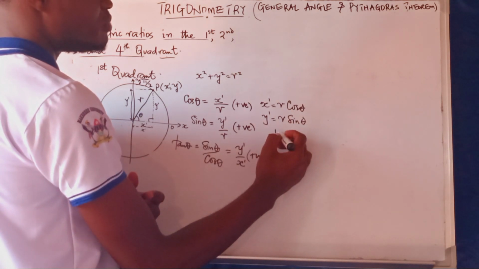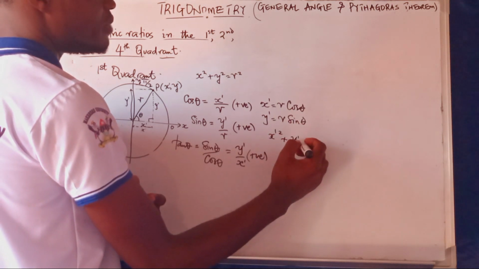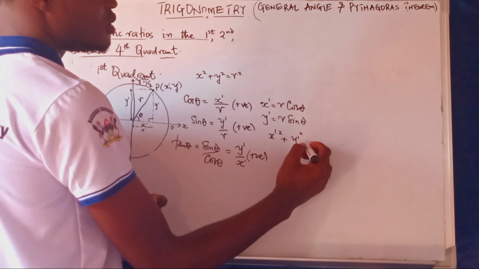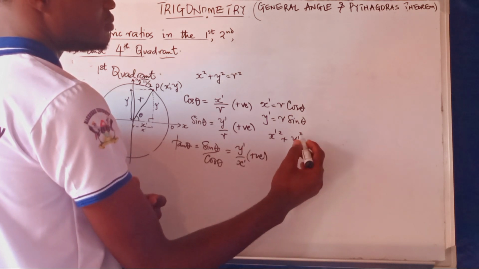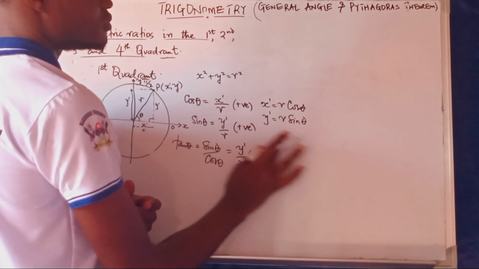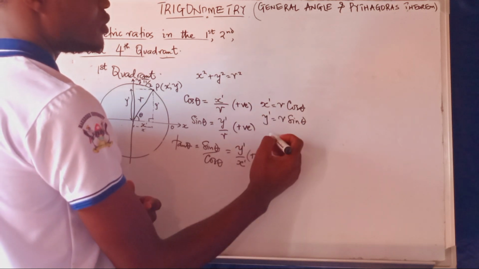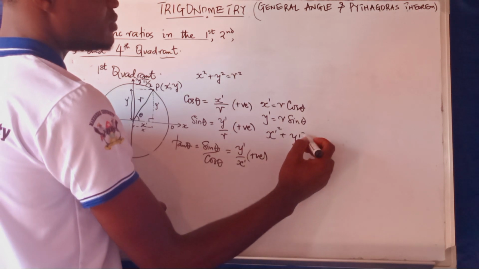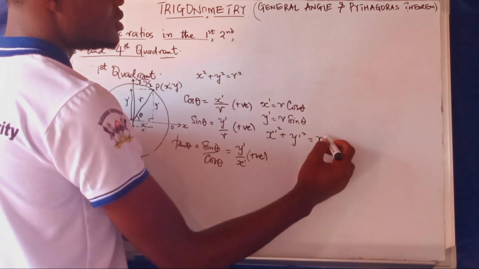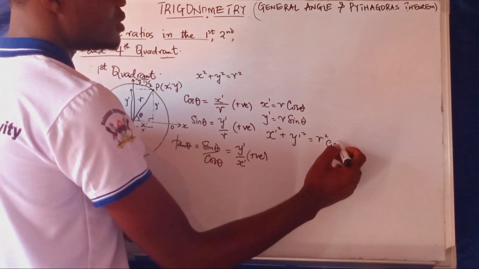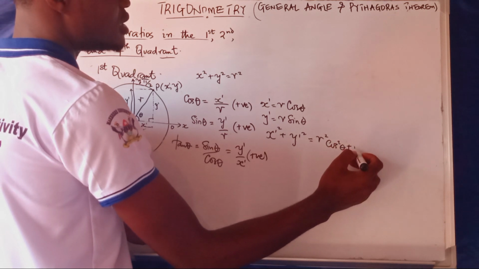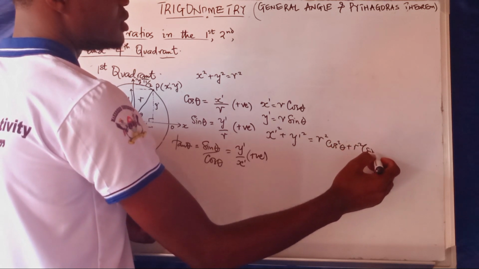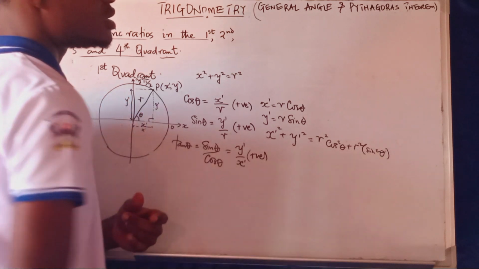So I have x prime squared plus y prime squared, which is equal to r squared cos squared theta plus r squared sine squared theta.